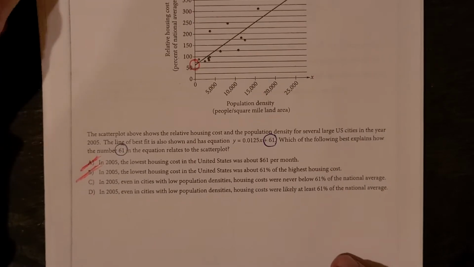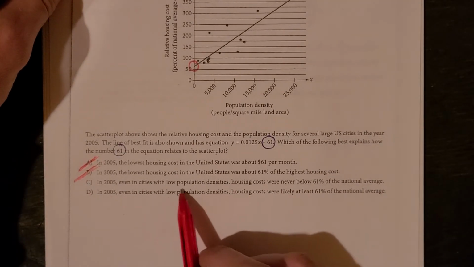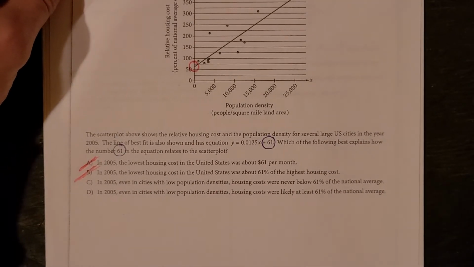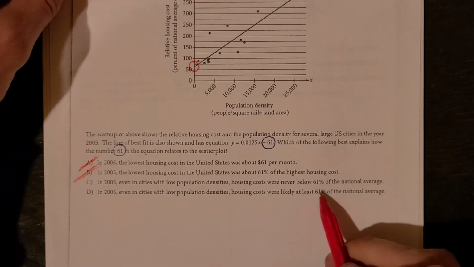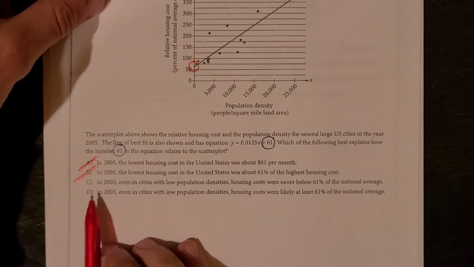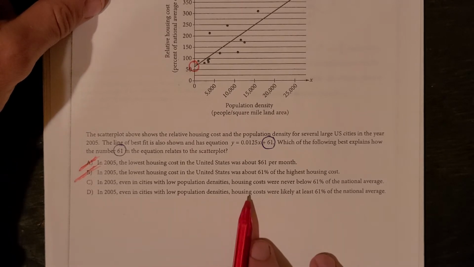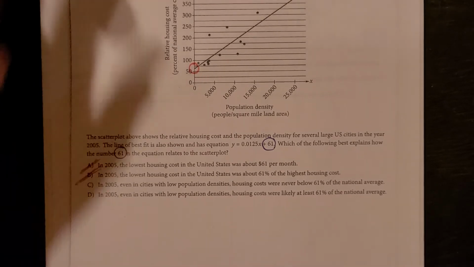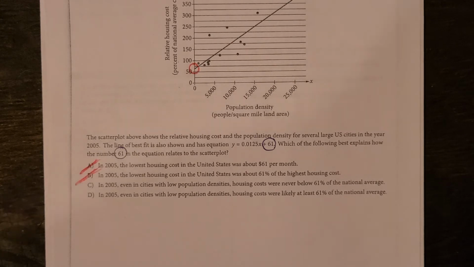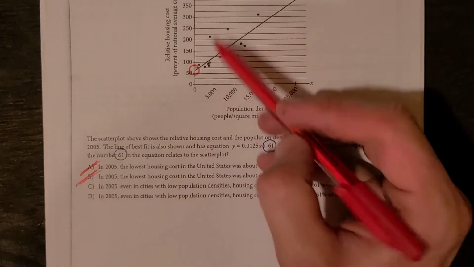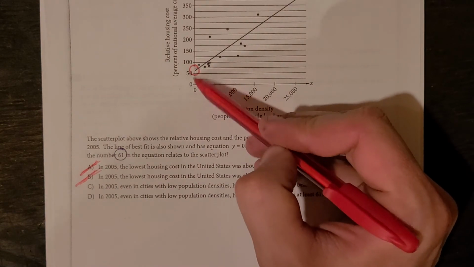So now C says that in cities with low population densities, housing costs were never below 61% of the national average. Or D, even in cities with low population densities, housing costs were likely at least 61% of the national average. So they're really close. One is saying it's guaranteed never goes below 61%.